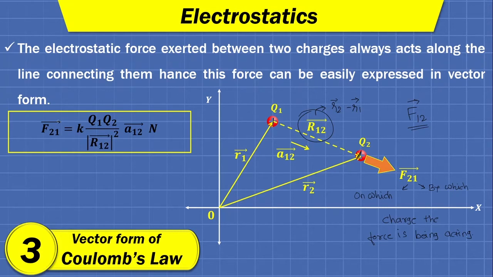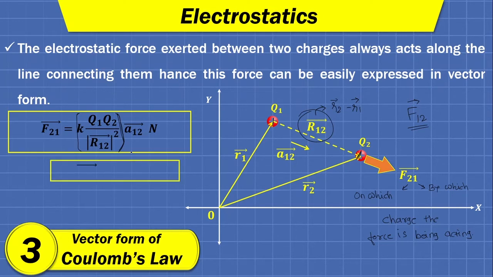And as we need to depict this force in vector form, we must need a direction. This calculation will give you the amount of force, while direction can be represented by a unit vector. So a12 bar is showing the direction of force over here.